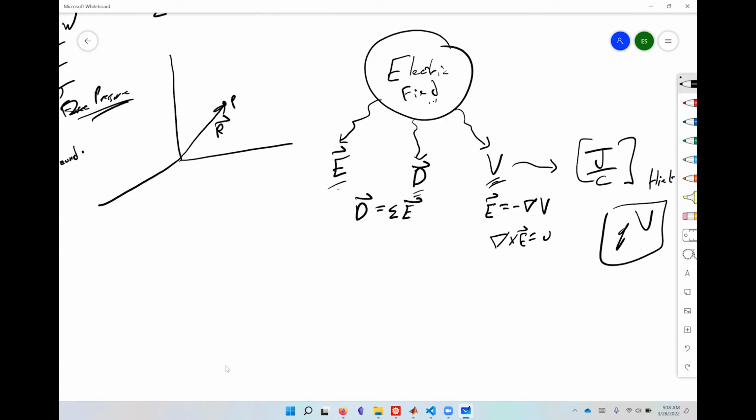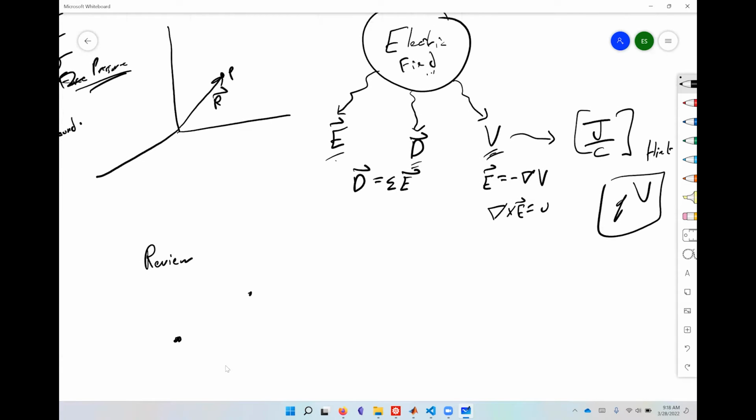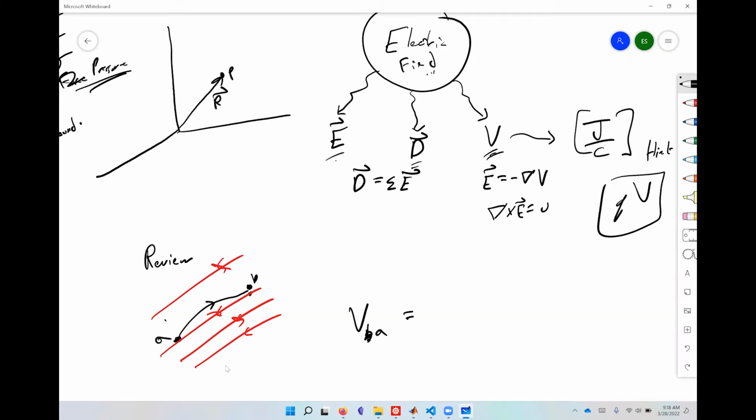So let's review voltage. If I'm going from point A to point B, I have a field. The voltage from A to B is VB minus VA, essentially the work done. You, as an external to the electromagnetic system, have a test charge, or whatever charge, 1 coulomb, say, and you need to apply work to move the charge upstream.